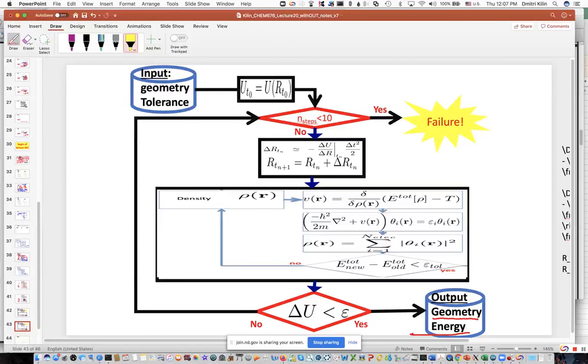Now you are ready to write software analogous to VASP or Gaussian. So you do an optimization cycle for geometry, and inside each cycle for geometry you have another cycle for the electronic structure.